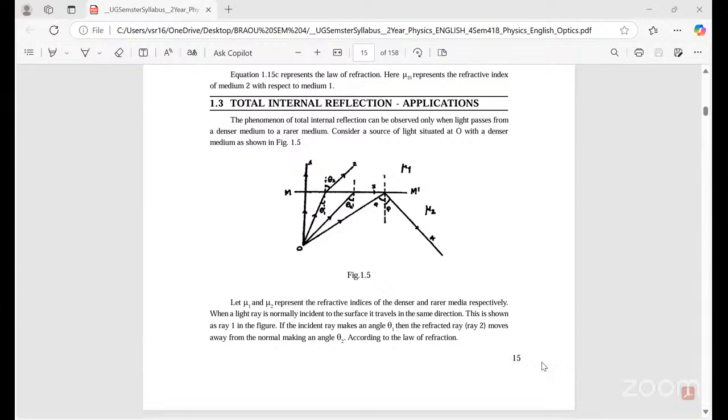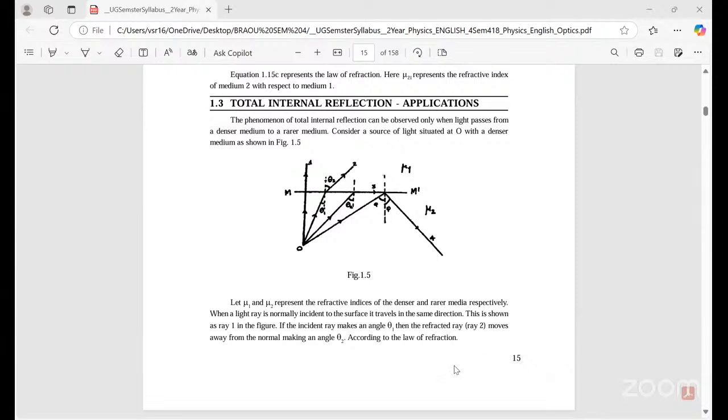When the light ray is normally incident on the surface, it travels in the same direction. But if the incident ray makes an angle theta1 with the normal, then the refracted ray moves away from the normal, making an angle theta2.